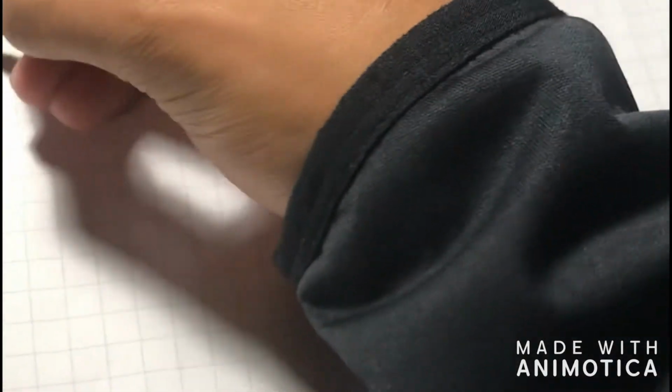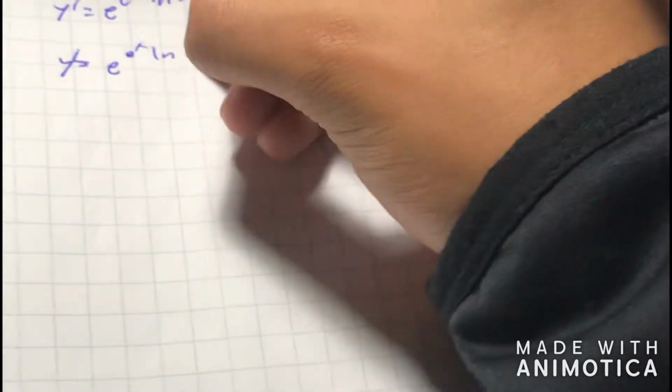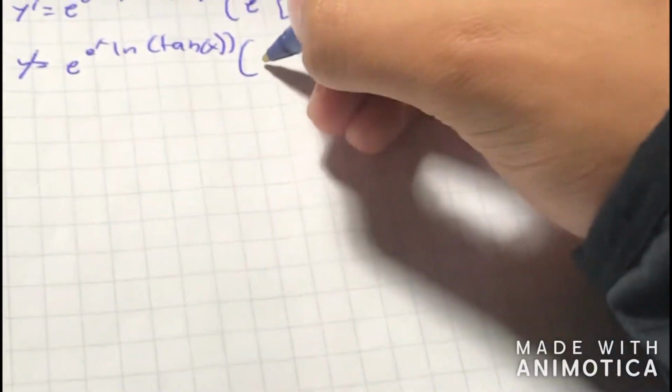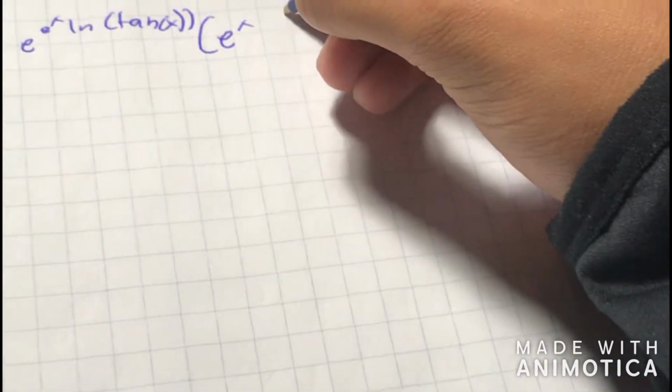and the derivative. Okay, so as we have this, we need to do again the chain rule. So this would be ln always stays the same like this, and here is what we change.